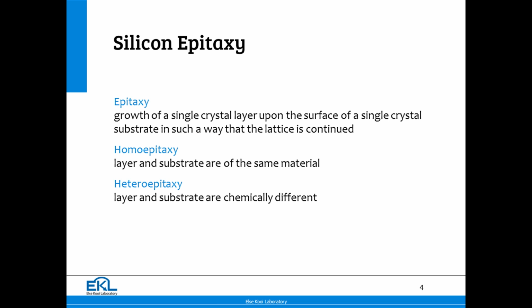Usually you add dopant, or you change the doping level, and that tells you where the interface was. We have silicon on silicon, homoepitaxy, where layer and substrate are of the same material. There's also heteroepitaxy, in our case silicon germane on silicon, where the layer and the substrate are chemically different.